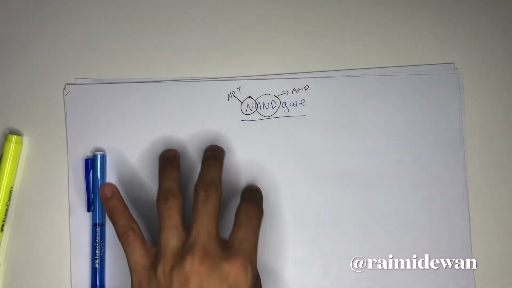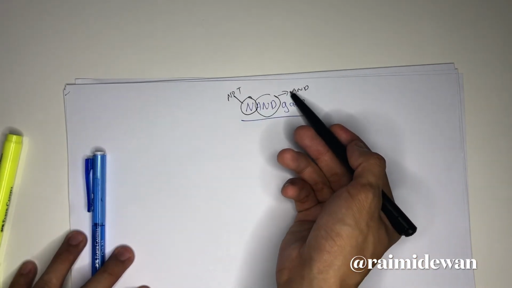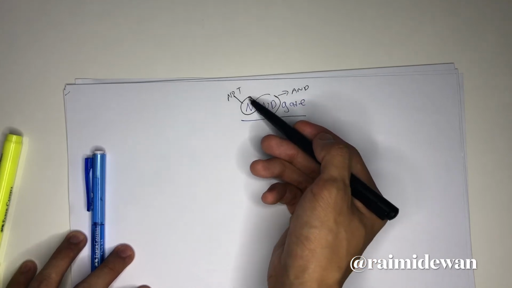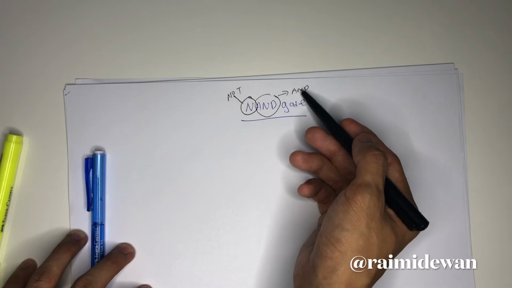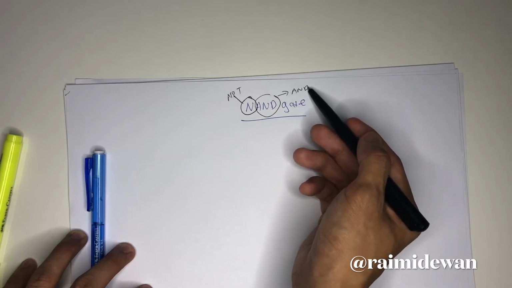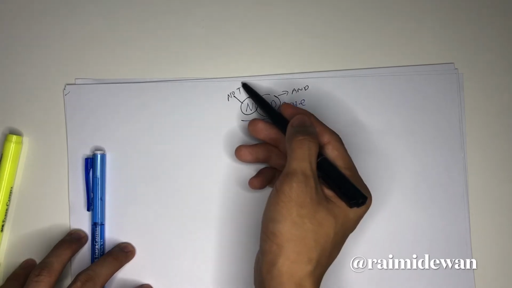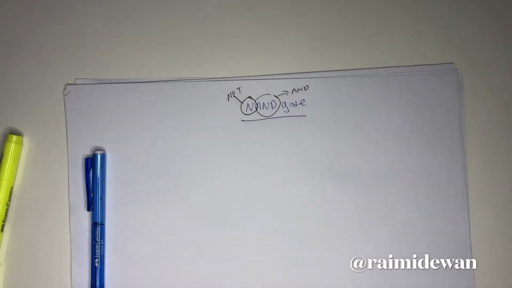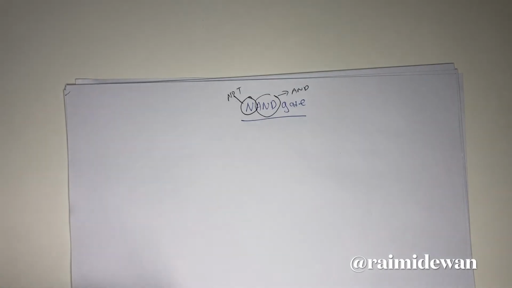So in this condition the input passes through the AND first and then through the NOT. Whatever output you obtain from your AND gate will be inverted because it passes through the NOT. It is a universal gate, used to perform AND and NOT operations.